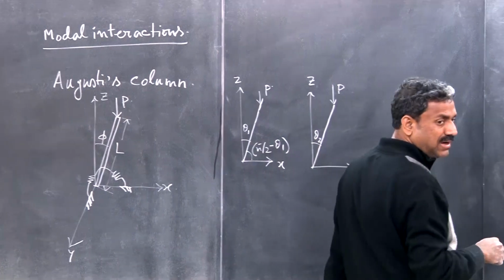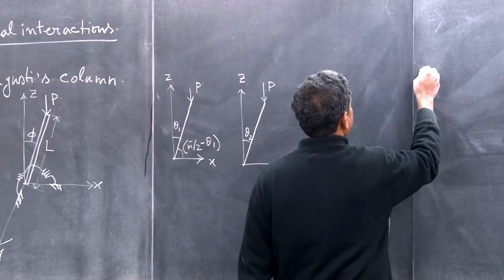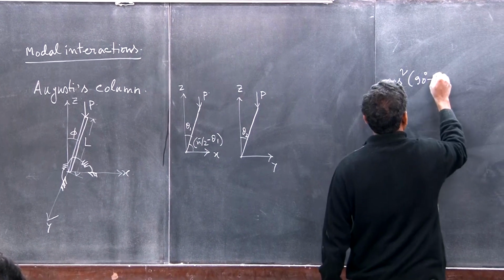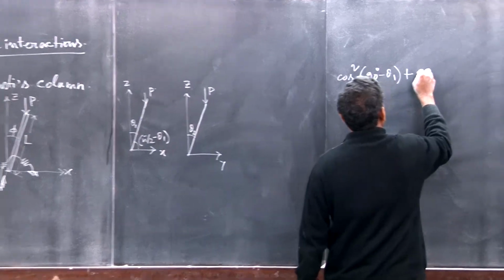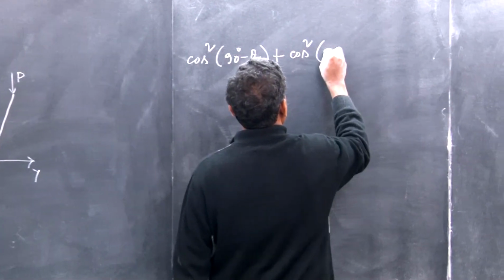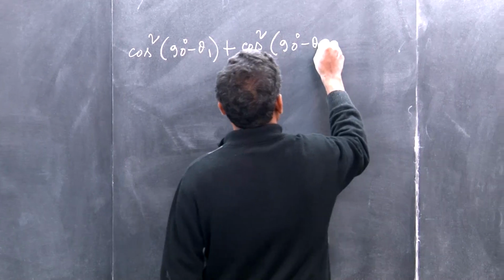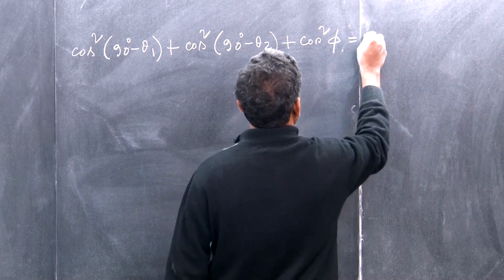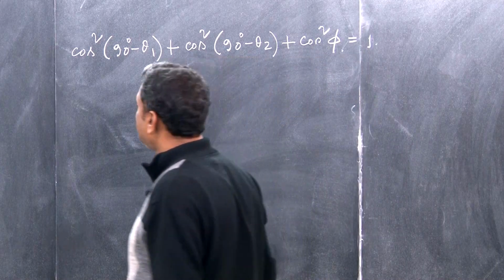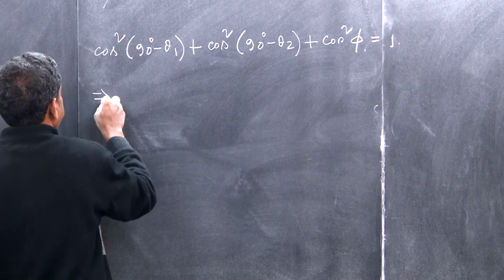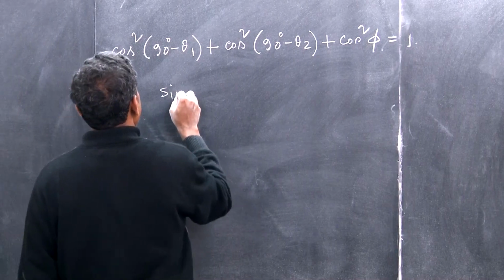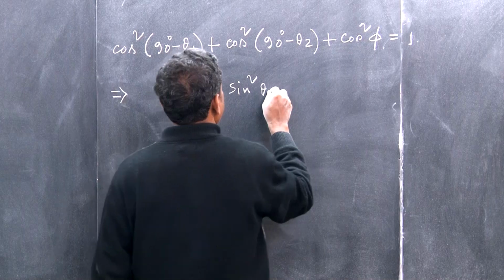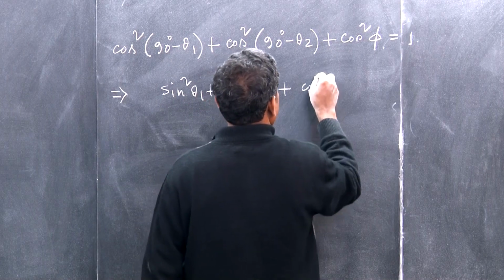So from the properties of direction cosines, we can write that cos square (90 degrees minus theta 1) plus cos square (90 degrees minus theta 2) plus cos square phi is equal to 1, where phi is the angle with the z axis. So then this is sine square theta 1 plus sine square theta 2 plus cos square phi.